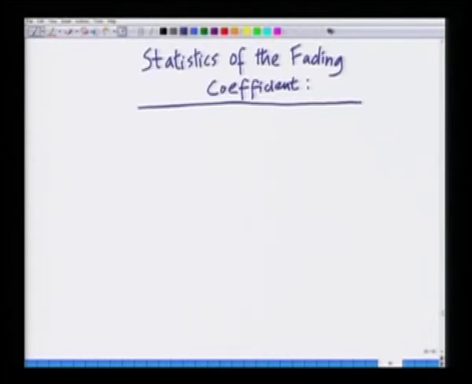Let me remind you, the fading coefficient is h, which is equal to the summation over i equals 0 to L minus 1 of a_i e^(-j 2 pi f_c tau_i). This is the fading coefficient.